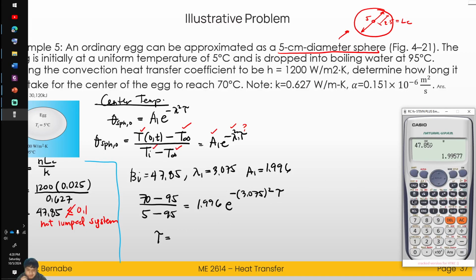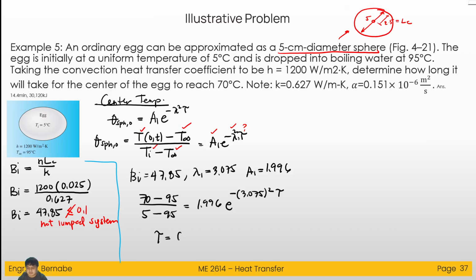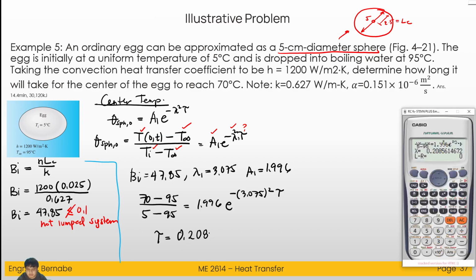Using your calculators, solving for x here, you have 0.2086.